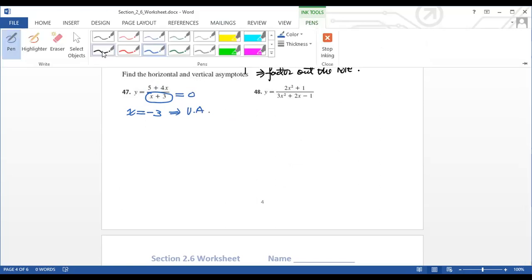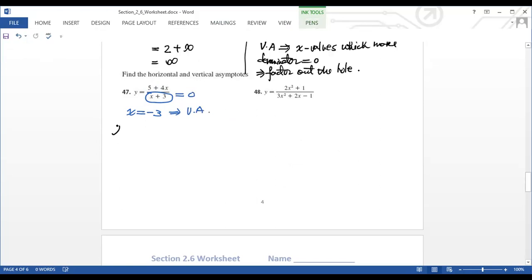Okay, now let's take a look. A horizontal asymptote is the limit as x approaches infinity. So the limit as x approaches infinity of (5 + 4x)/(x + 3).